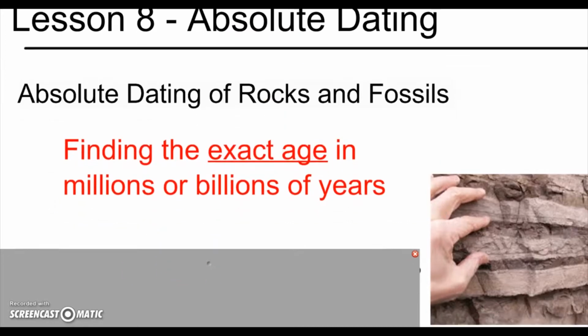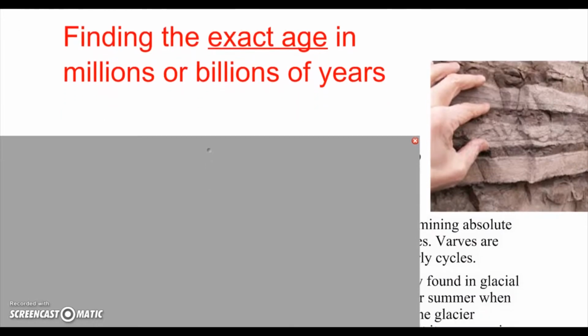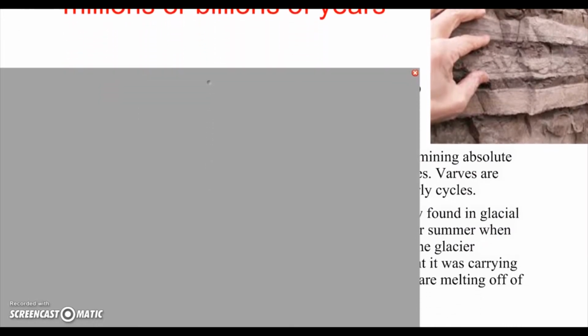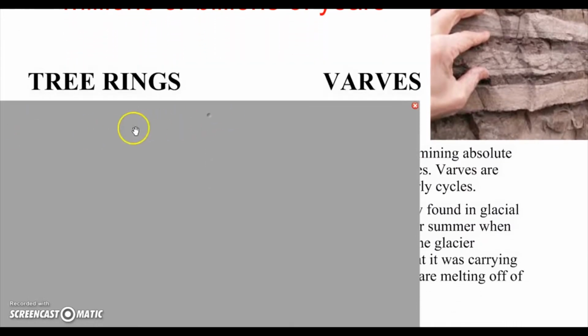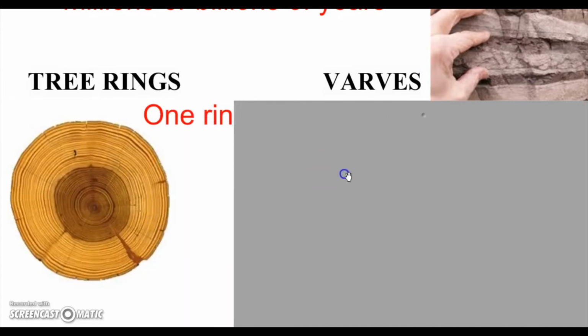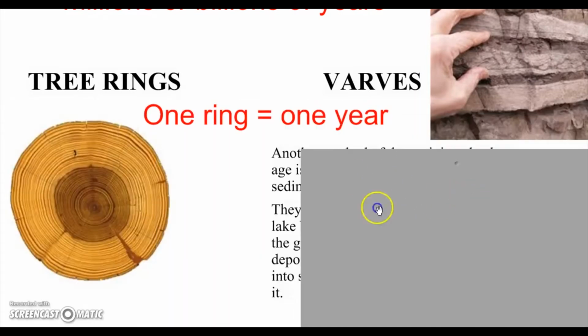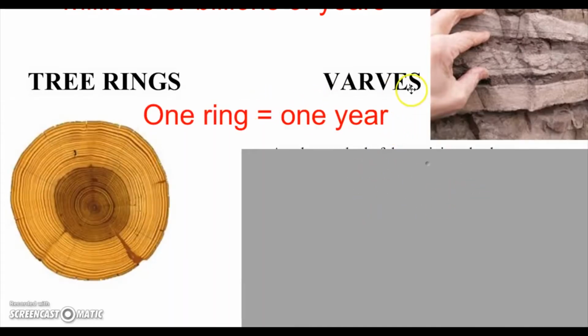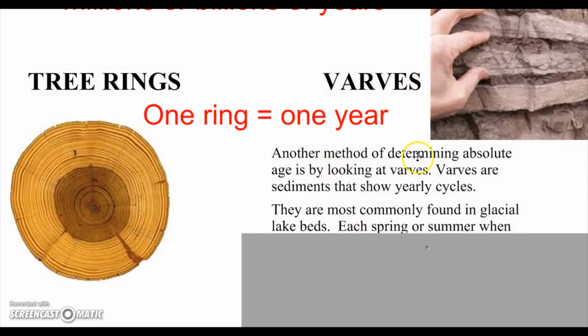Now, the simplest way to do absolute dating is to have something like tree rings. Okay, so tree rings, I'm sure you know, one ring is equal to 1 year. There's an equivalent to that in rocks. Those are called varves. And that's another method of determining the absolute age is by looking at varves. And those are sediments that show yearly cycles.